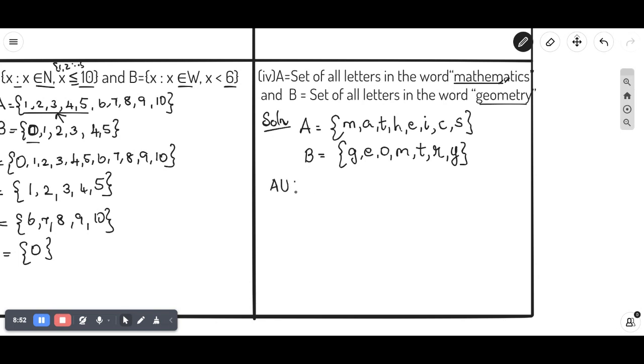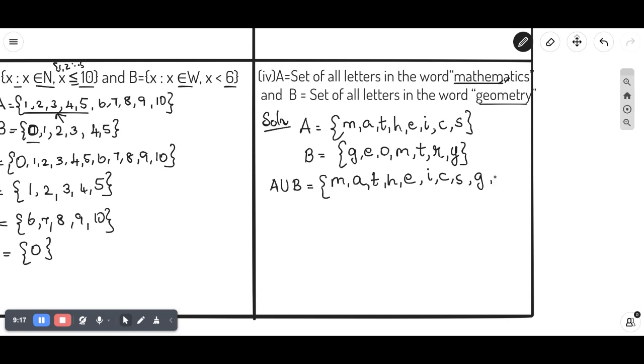A union B. So the first one, what do you have to write? You have to write all the elements. So A is there, you can write it. Or if this is difficult, just write it as such. M is there, and then A, and then T. First write out all the elements of A, then start writing the elements of B. If it is repeated, skip it.